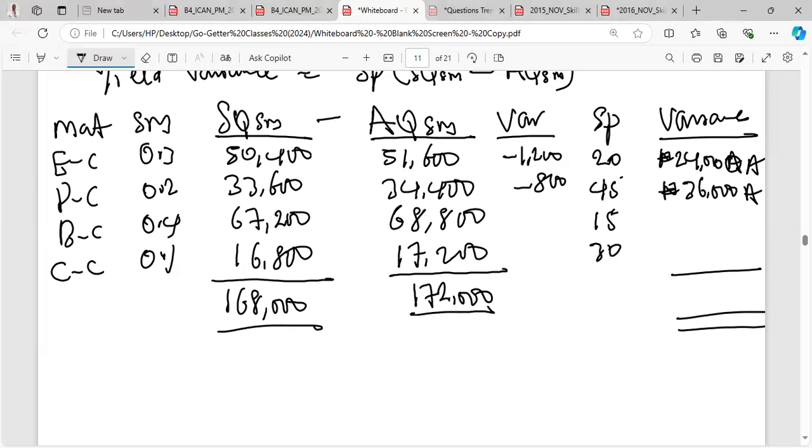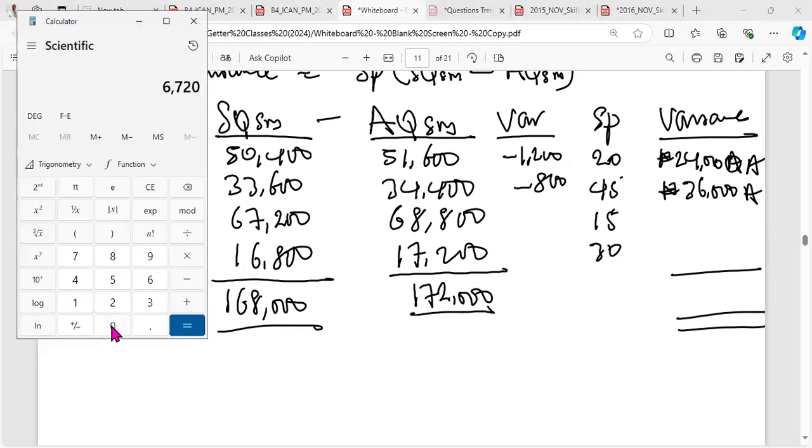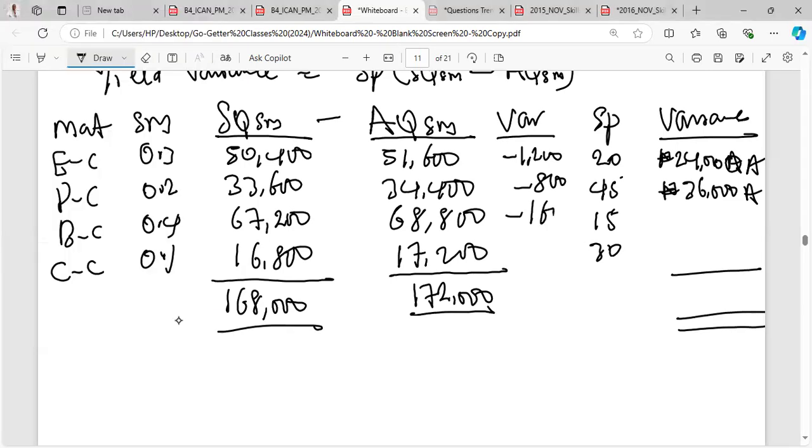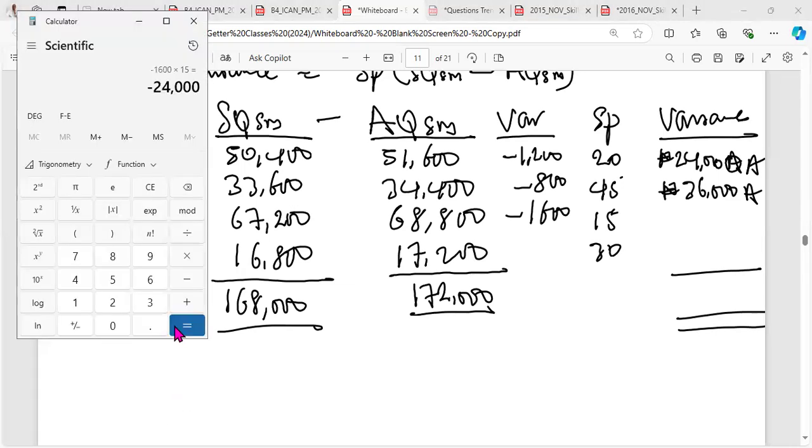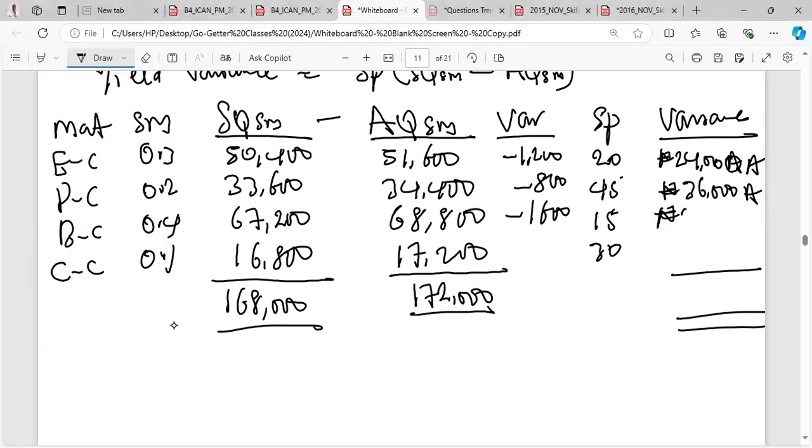Then the third one, 67,200 minus 68,800 gives you minus 1,600. Minus 1,600 multiplied by 15 gives you 24,000 adverse.